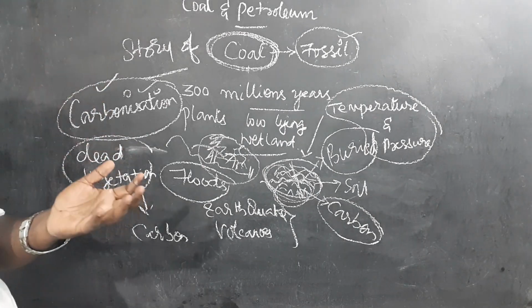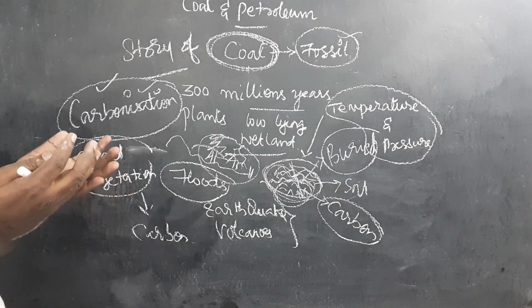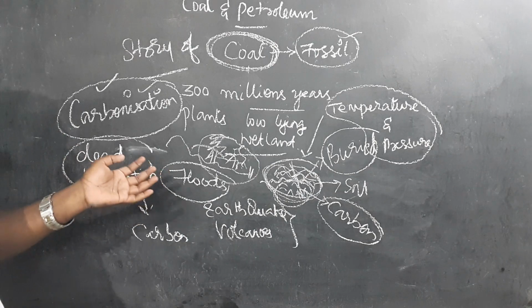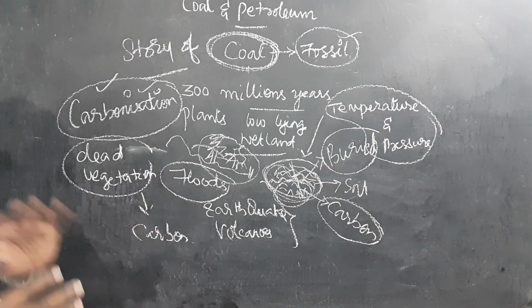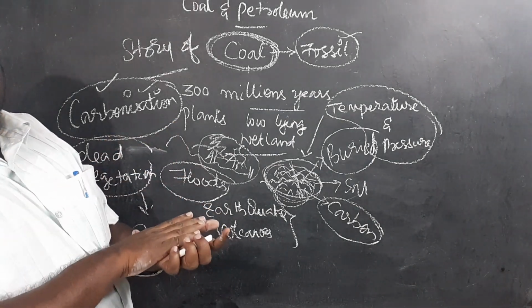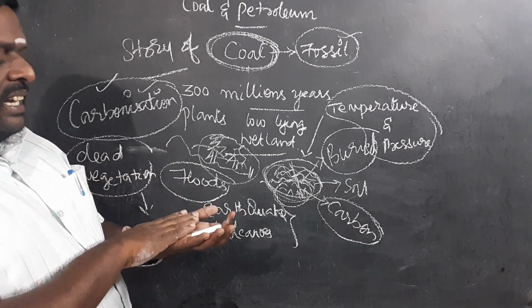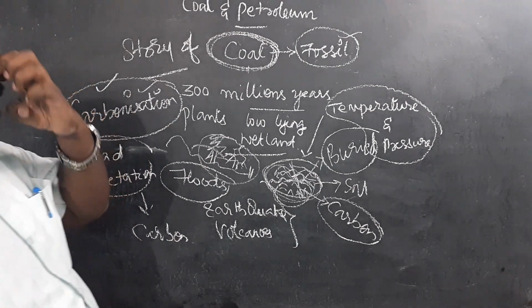See here what happens. Due to natural calamities such as floods, earthquakes, volcanoes, the plants and animals in low wetland areas have been buried under the earth, sedimented under the earth. As it has been sedimented, you will have formation of different layers of soil.